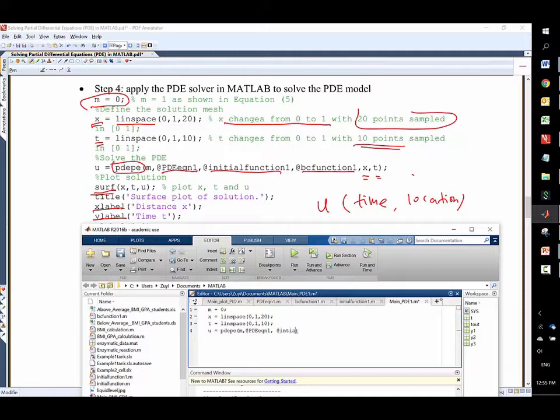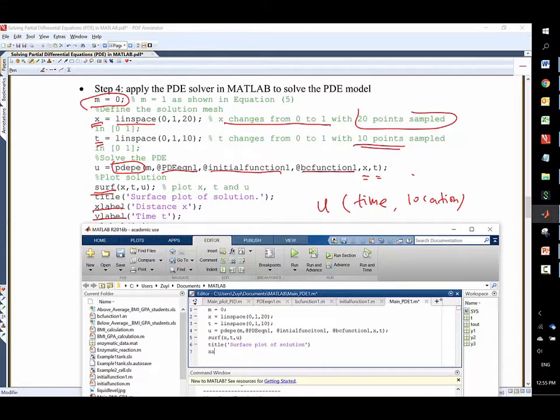So you get initial function 1, and then we have boundary function 1, then you have s and t. After that, you could get the 3D dimensions of the output, and then you get the title, surface plot of solution.